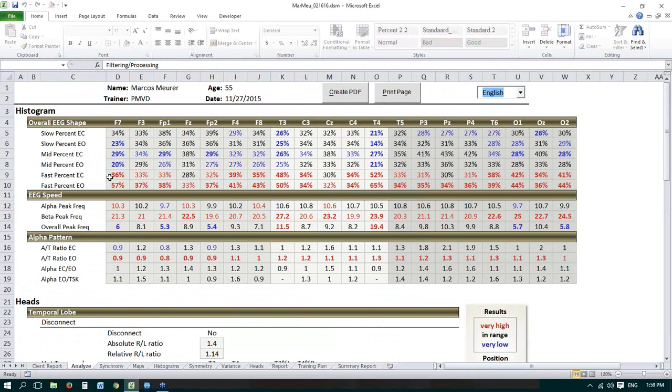Now I can say, okay, the red numbers are higher than expected, and if they're red and bold, they're much higher than expected. Here is fast percent with eyes closed, fast percent with eyes open. We can see that there is a really dominant, lots and lots of fast activity in this brain. And the blue, which is lower than expected, there's a lot of blue missing.